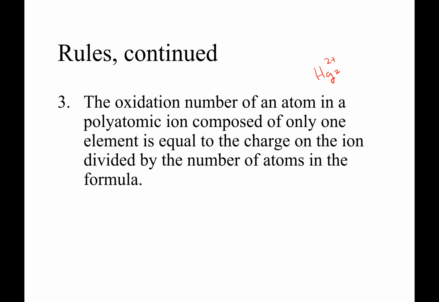Okay. But what that says is Hg, covalent bond Hg, all running around with a +2 charge. What this says is the oxidation number is equal to the charge on the ion, which is 2, divided by the atoms in the formula, which is 2. So all this is saying is this one is a +1, this one's a +1.